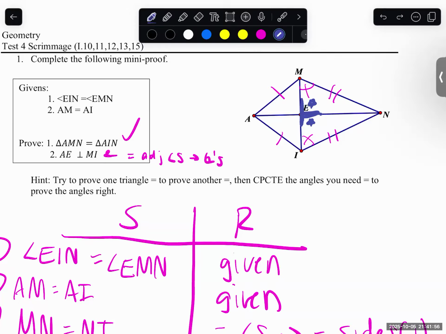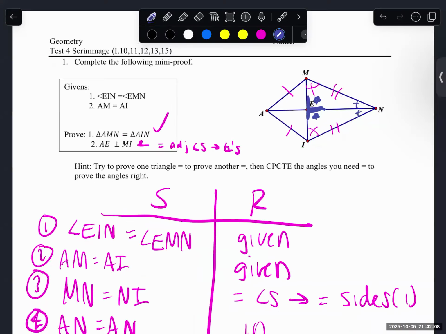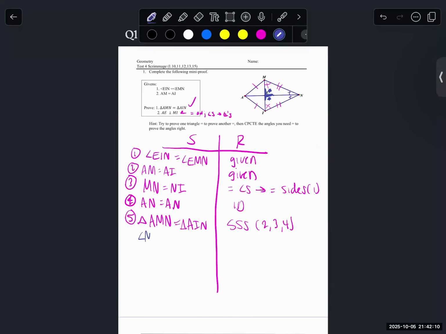So what I need to do, and the reason I had you prove this first, is because by doing that, now that I've proven this triangle equal to this triangle, I can go on ahead and CPCTE those angles there. So I can say that angle MNE is equal to INE by CPCTE, line 5.